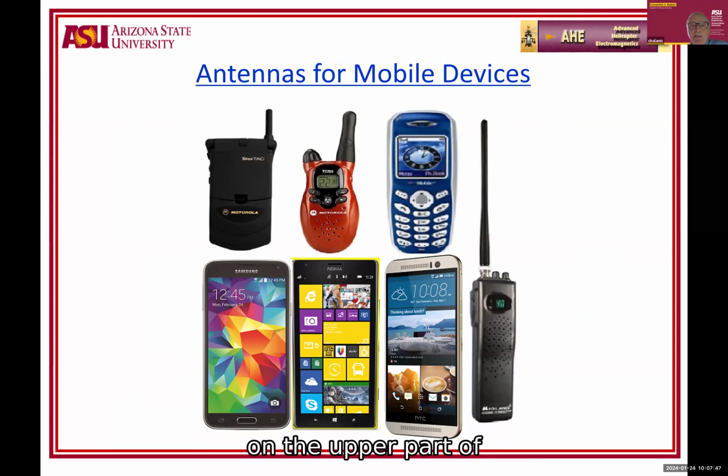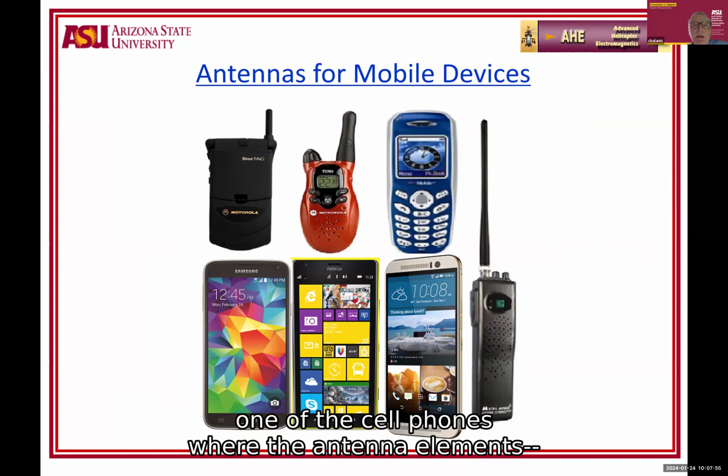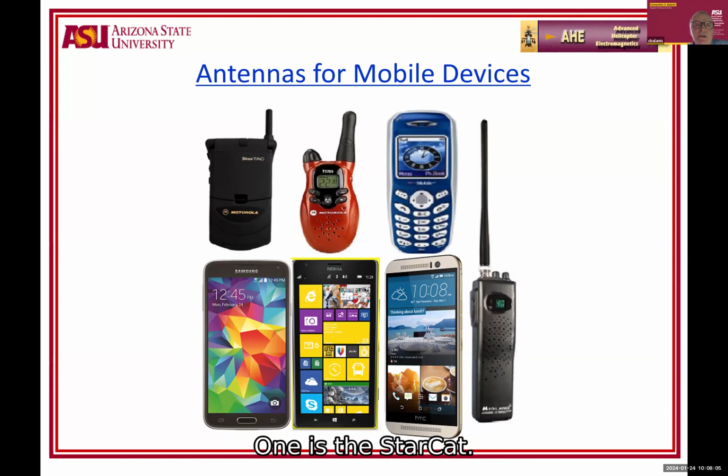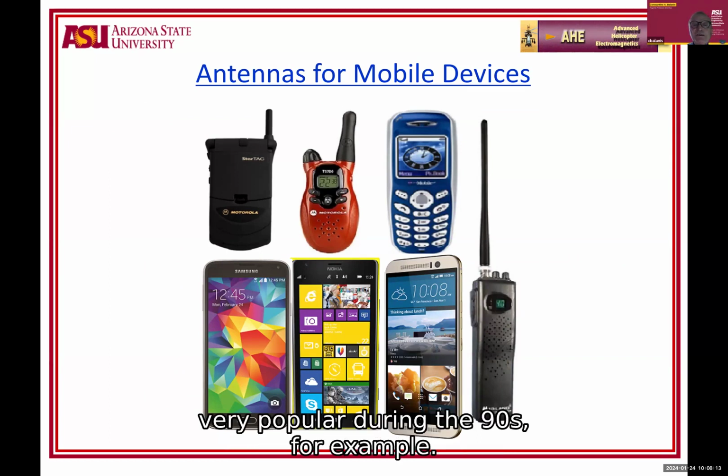On the upper part, the first two on the left, are cell phones where the antenna elements were outside the device. One is the StarTAC, the first one on the left. That's the Motorola, very popular during the 90s, for example.